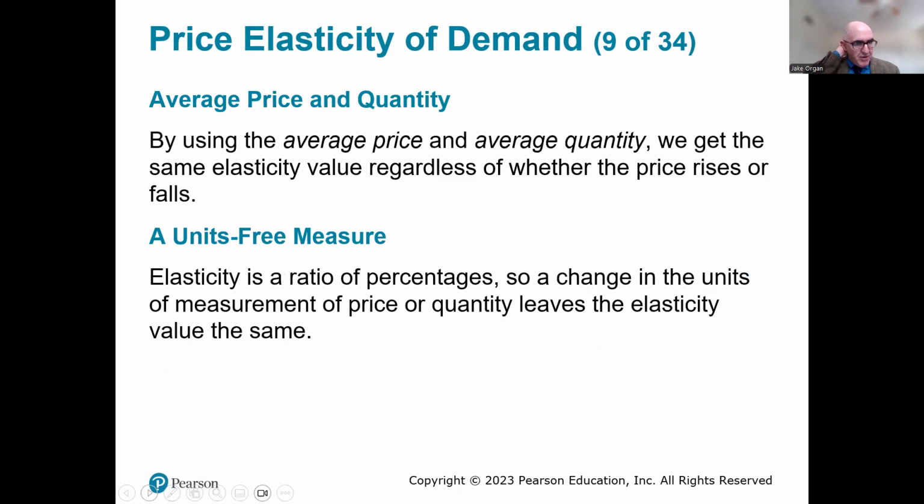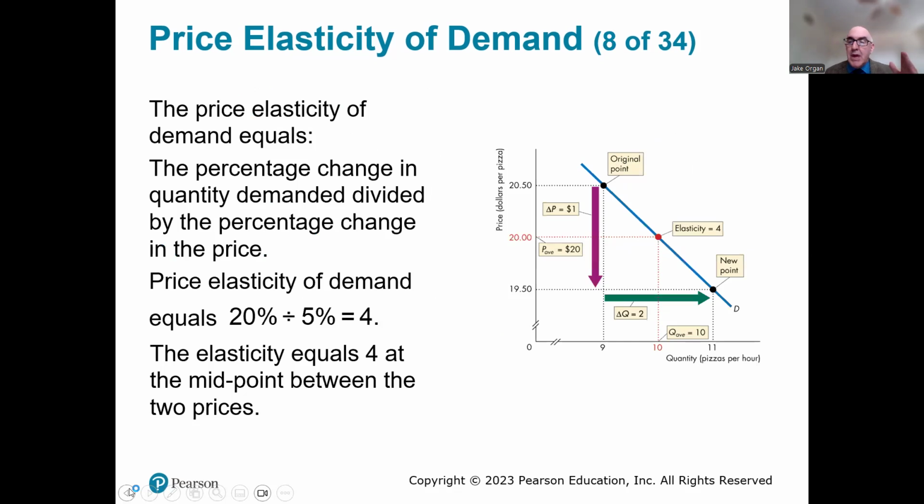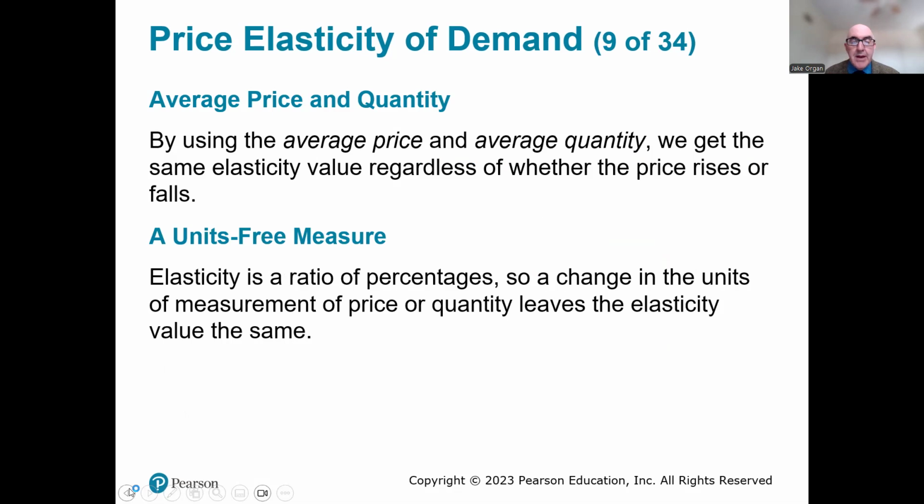By using the average price and average quantity, you get the same elasticity value regardless of whether the price rises or falls. So basically we're getting the elasticity between the original point and the new point by finding the elasticity at the midpoint. And we'll show you the midpoint formula in a moment.